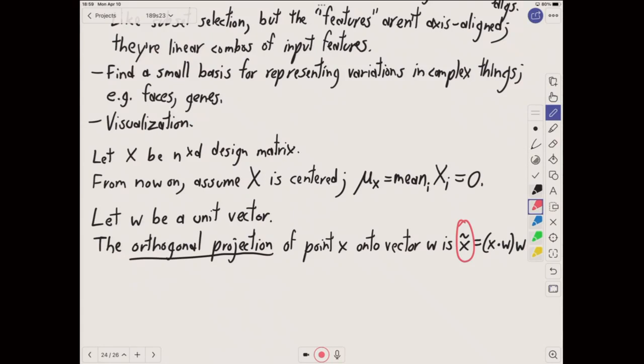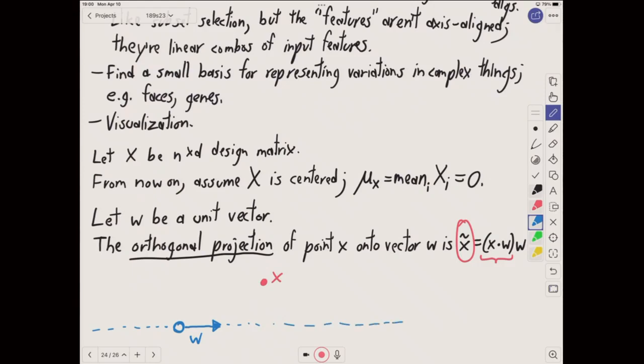And this x dot w, you can think of that as how far you have to go in the direction w. So let's suppose that this is the origin of your coordinate system, and w is a unit vector pointing in this direction. And you have a data point x, and you want to project it onto the subspace spanned by w, which is this line here.